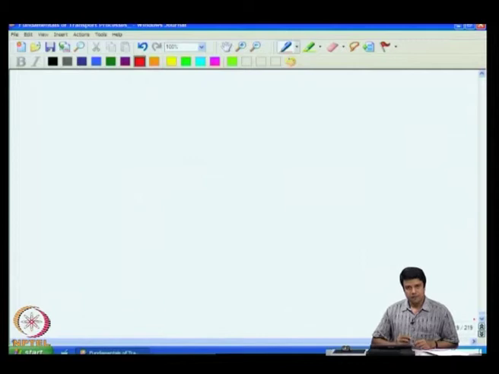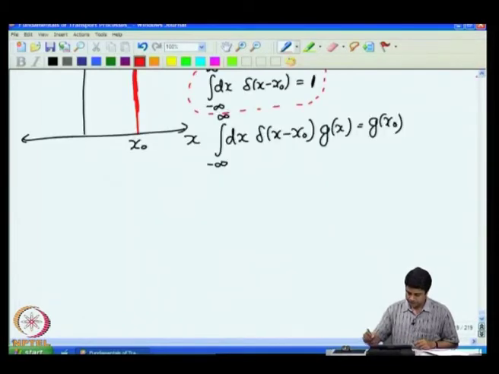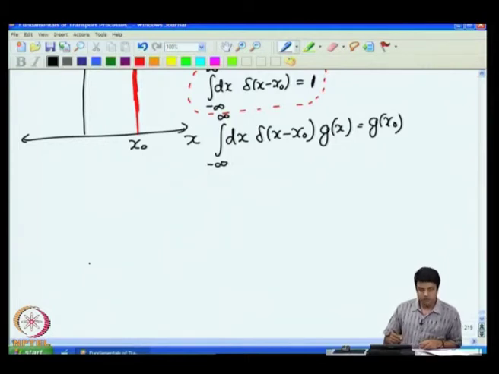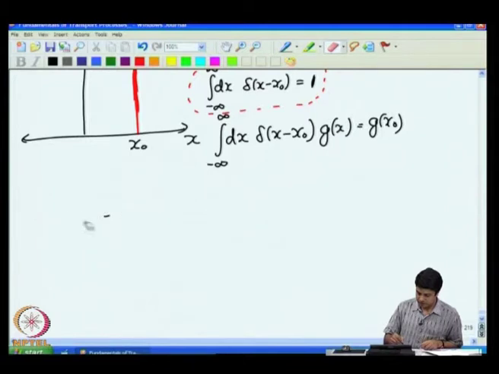One can similarly define delta functions in 2 and 3 dimensions. So, let me just briefly take you through the definition in 2 dimensions. It is exactly analogous. Delta of x y is equal to 0 for, so let us first work with the finite delta function.